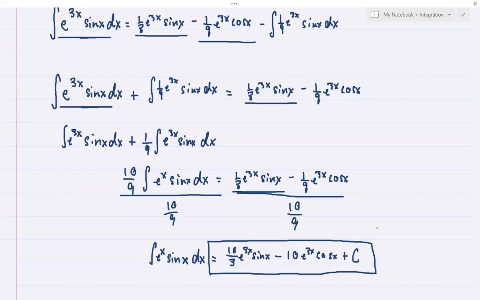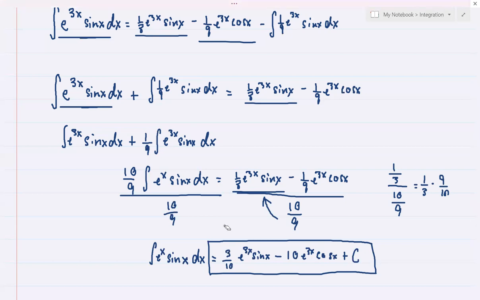Wait, let me take a look if my fractions are correct. Because if I'm going to divide this one by 10 all over 9, I'm going to divide first this one, 10 all over 9. So I will have 1/3 times 9 all over 10. Oh, I'm wrong. So I will have 3 over 10.